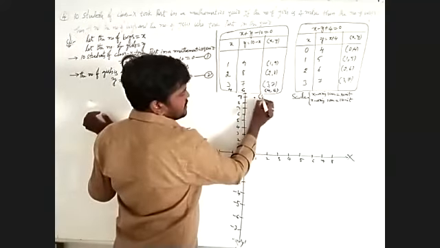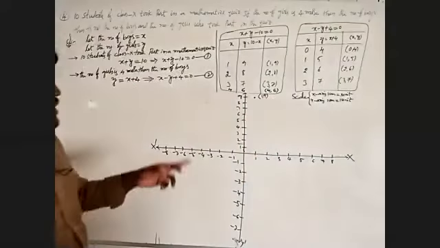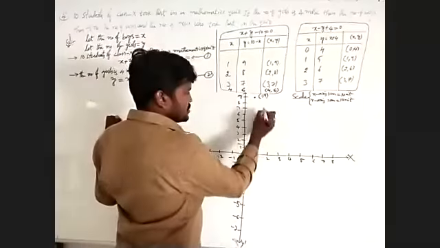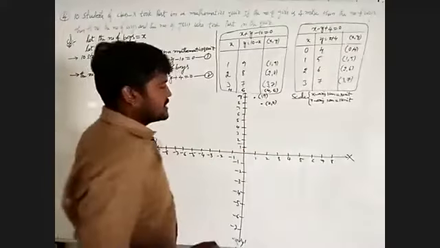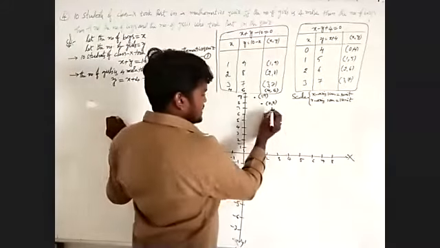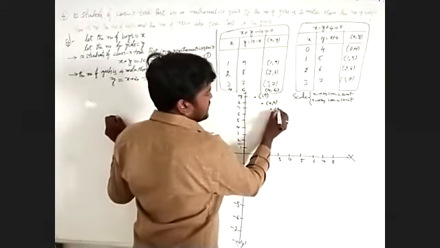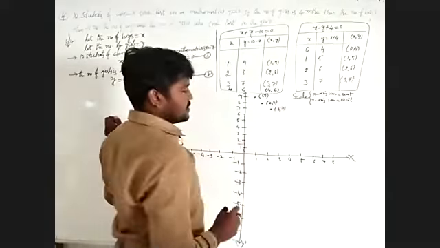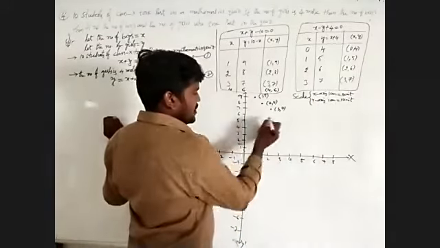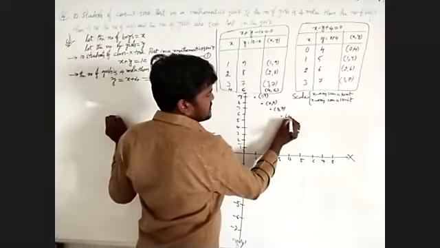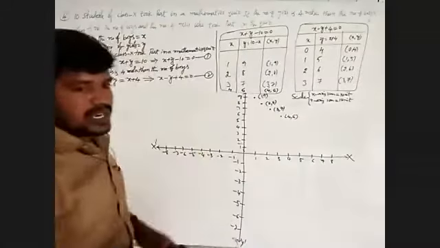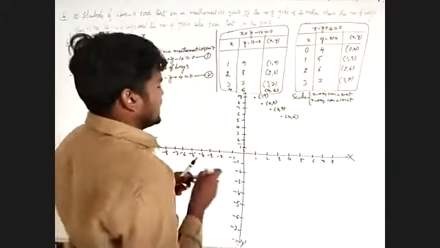After that we have to take 2, 8. After that 3, 7, name it as 3, 7. Finally we have to take 4, 6, plotted at this place. We have to draw this using a line.